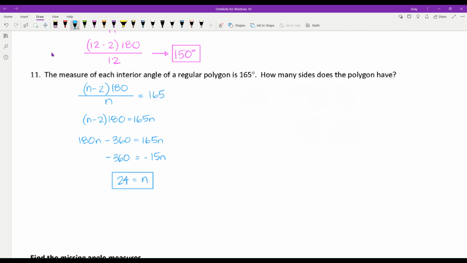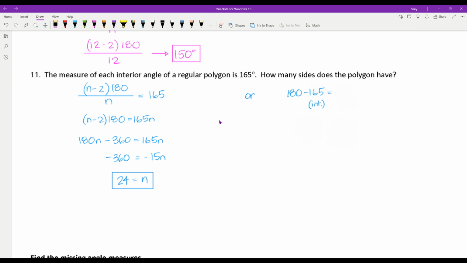Now, some people mess this up. So I'm actually going to show you a shorter way. You may do it either way that you want, but I think it's easier if you remember from way back in the beginning that an interior angle and an exterior angle of a polygon are always supplementary. So they always add up to 180. So the other way to do this problem is to start with 180 and subtract that interior angle of 165.